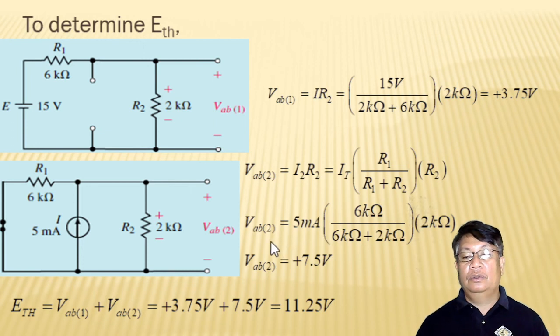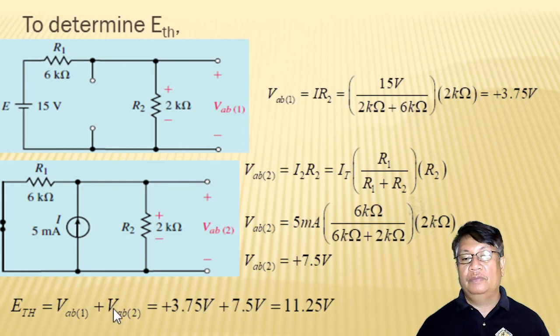Okay, so to determine the equivalent voltage or the Thevenin voltage, that is the algebraic sum of these two voltages: V sub EB using the voltage source and V sub EB using your current source. Algebraic sum because, for example, if it so happens that one of the voltages here is negative, then you have to subtract.